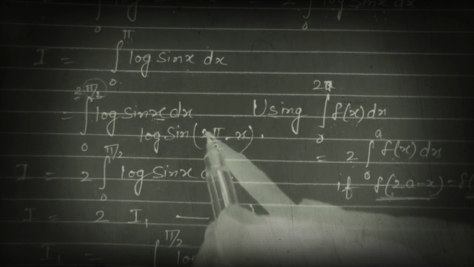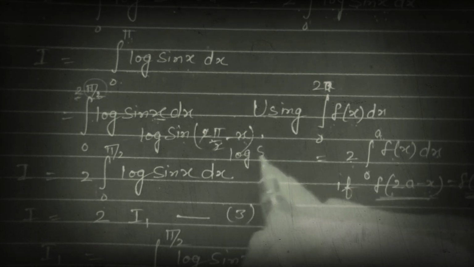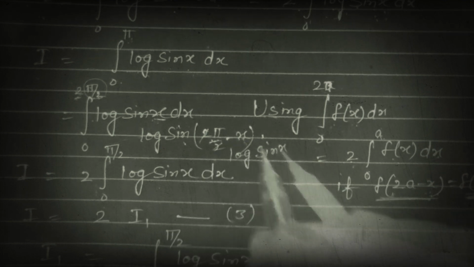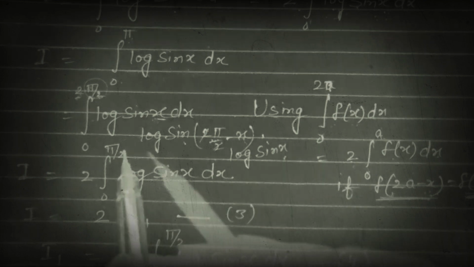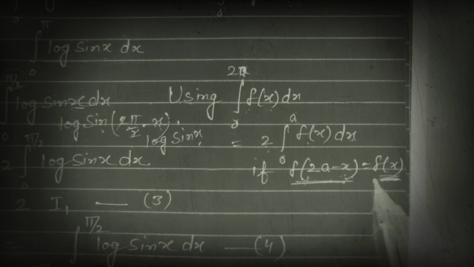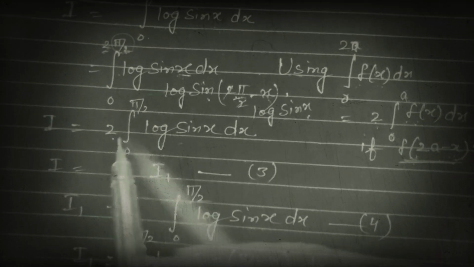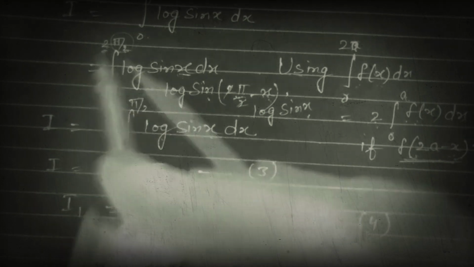So it is sin of pi minus x, and log sin of pi minus x is log sin x, because in second quadrant sin is positive. Sin of 180 minus theta is sin theta, so it is log sin x. Clear? So this is same as f(x). So f of 2a minus x is equal to f(x). Then we can use this property. So we can write it as 2 into integration of log sin x, limit is 0 to pi by 2, 0 to a.